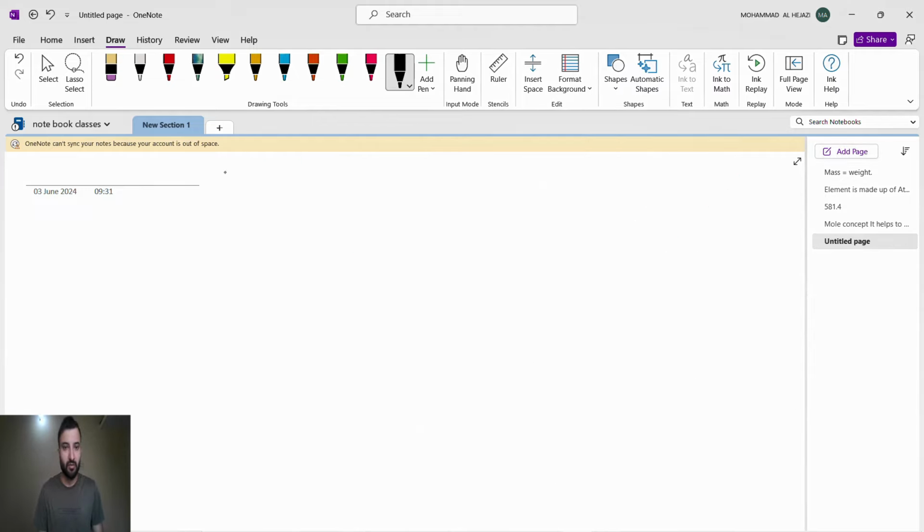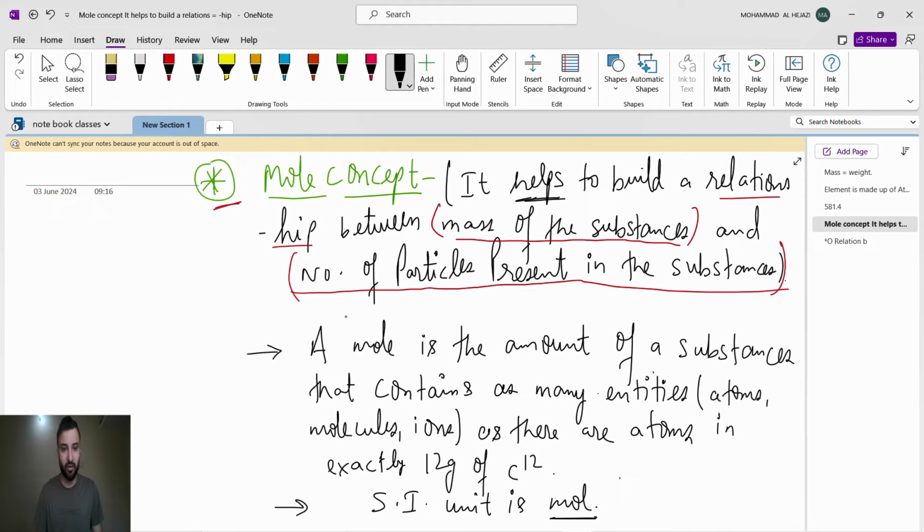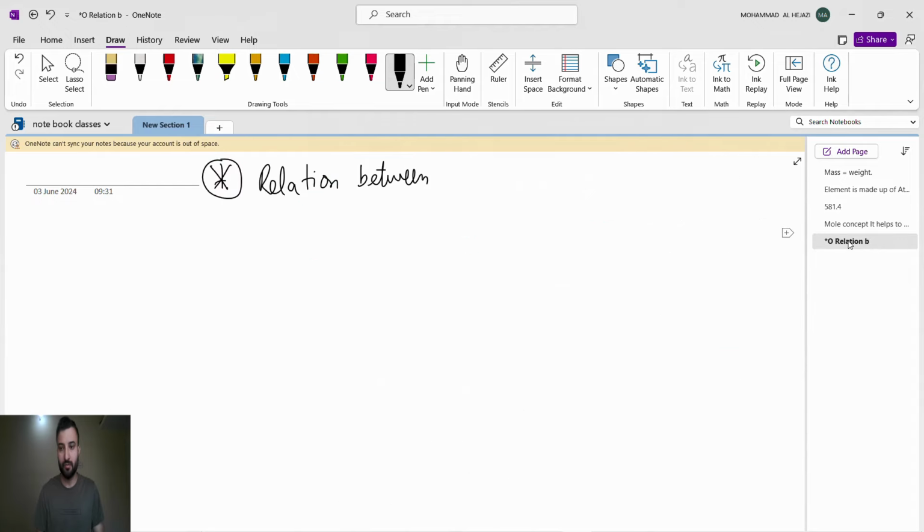Okay, so we will write here, what we are going to study is relation between moles and mass of the substances. From this slide you have to write all this where the mole concept we will use. This is a definition of mole, and this is a unit of mole.